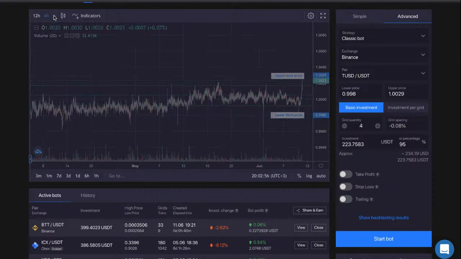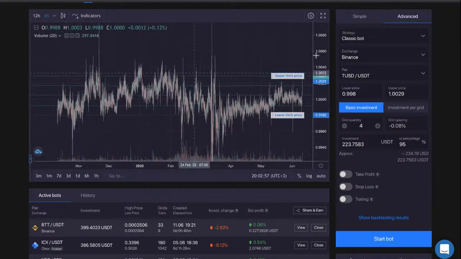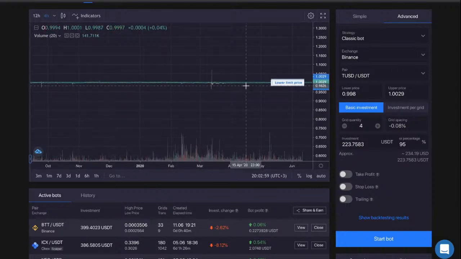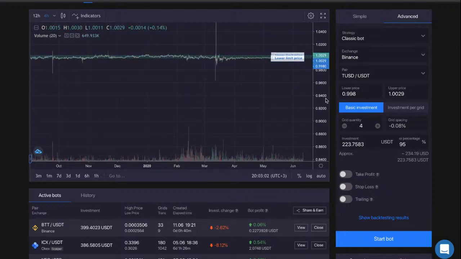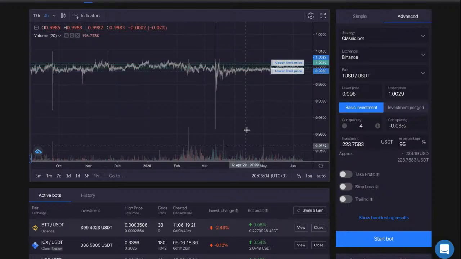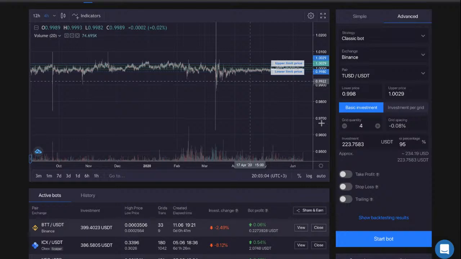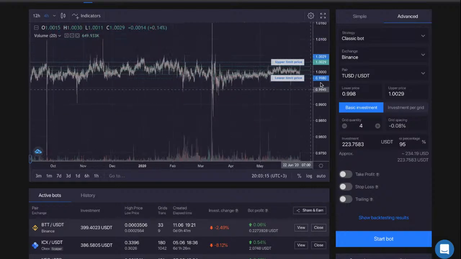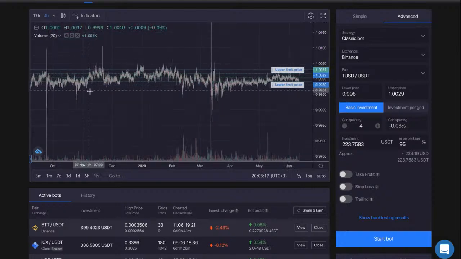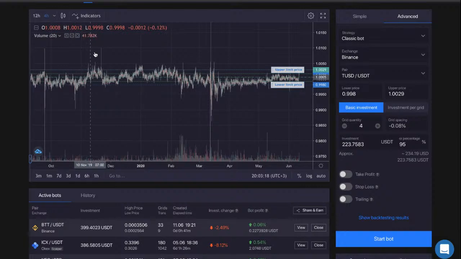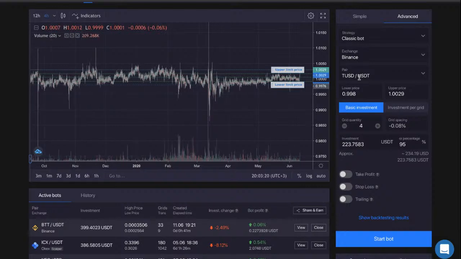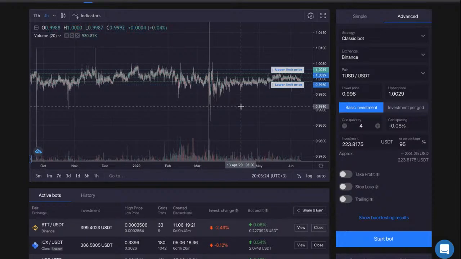If I switch to 4-hour time frame, notice that the price was trading close to $1. So the bot would be able to profit on these anomalies, as I call them, when the price of some stable currencies appreciated and depreciated to each other.